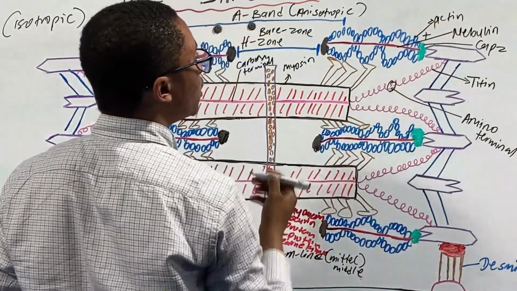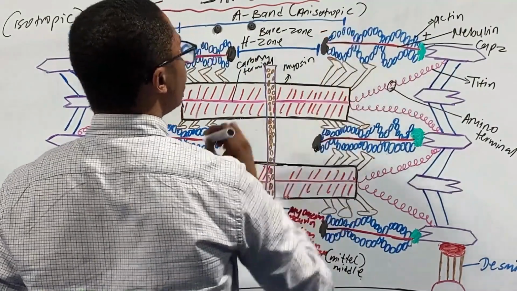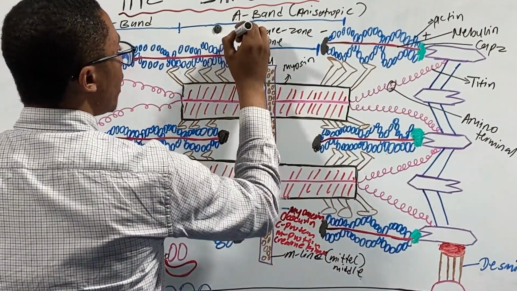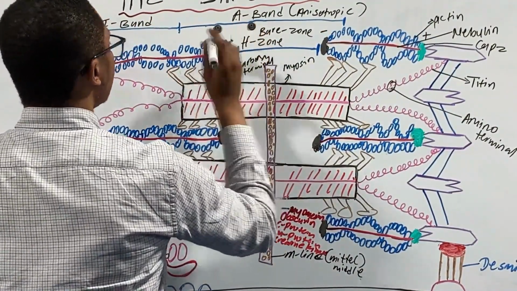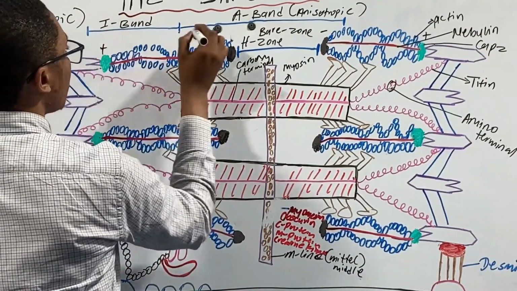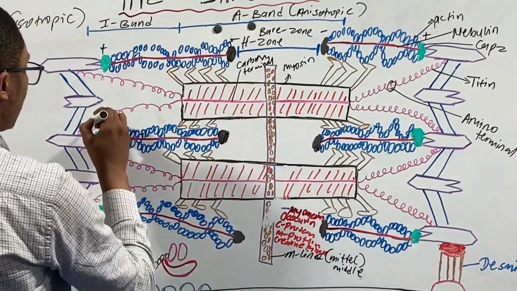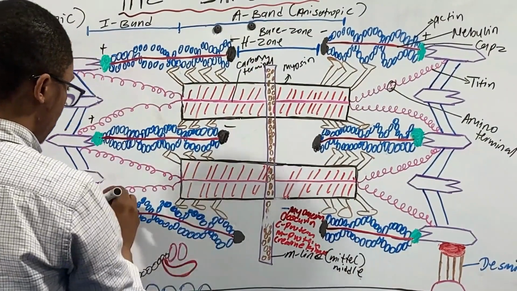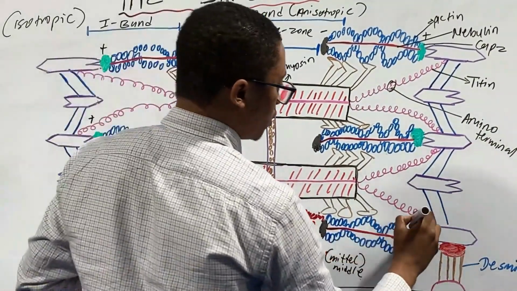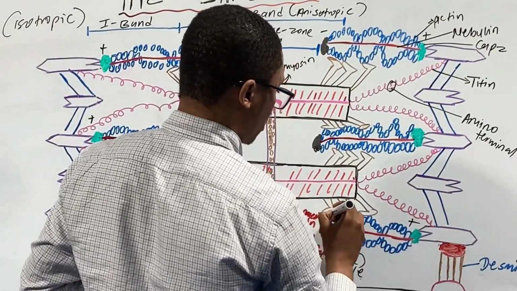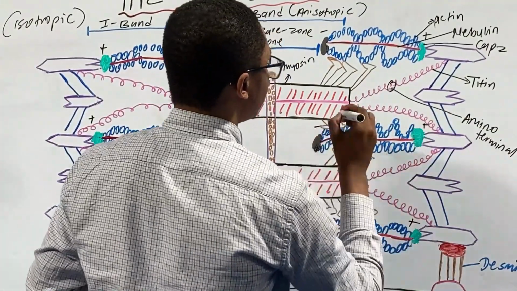So this is the positive end of the actin, while here is the negative end. Let me just indicate it now: positive end and negative end.